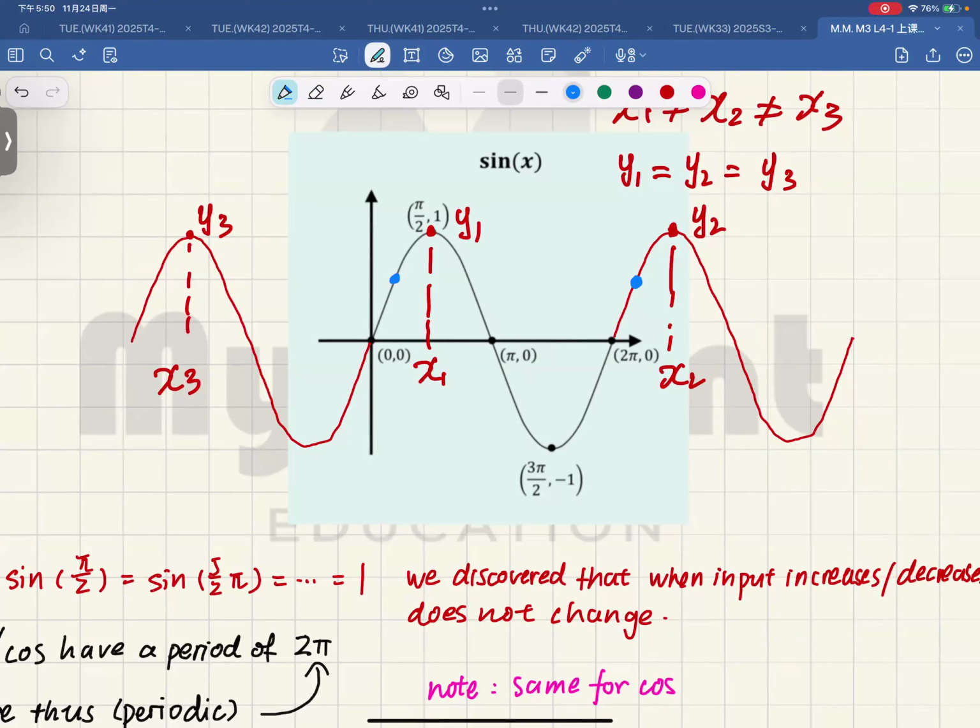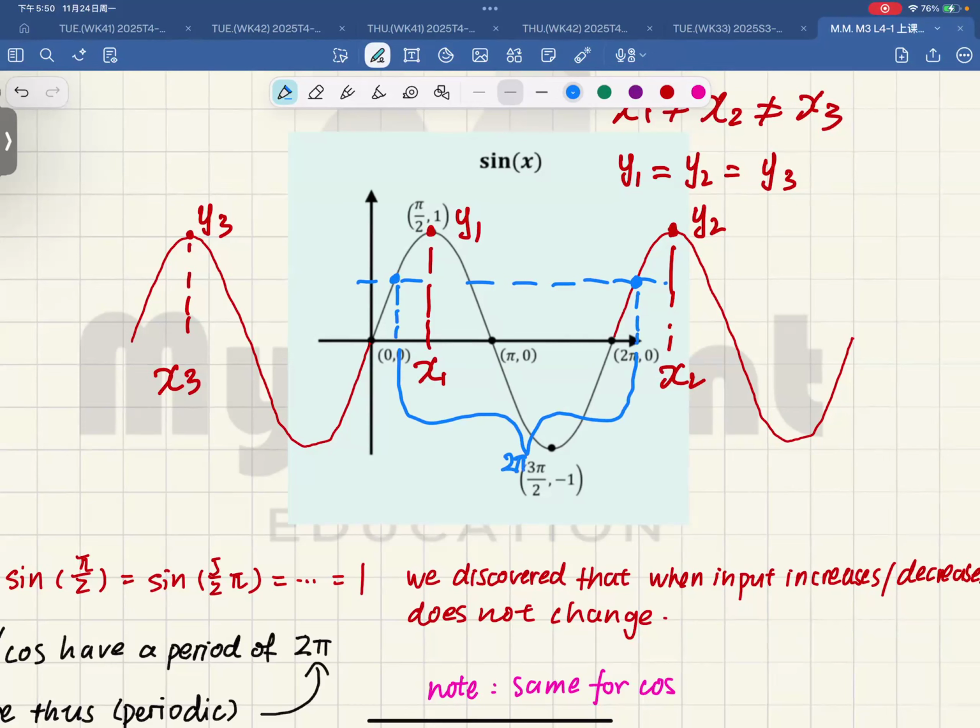If I draw a line, it's the same y value but a different x value. Can you figure out the horizontal distance between these 2 points? 2 pi. Good.